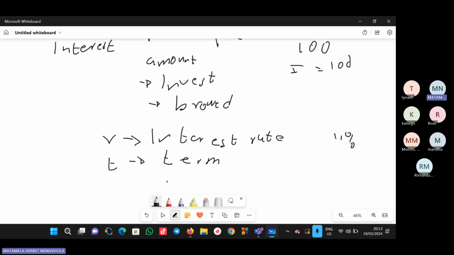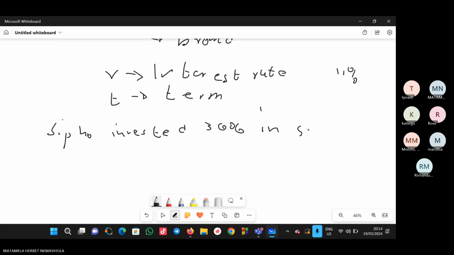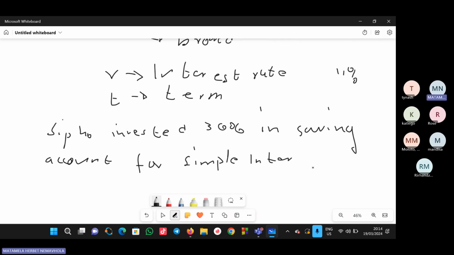If you want to calculate, for example, a question says Sipho invested 3,000 Rand in a savings account for simple interest per annum, they will write PA there, per annum.